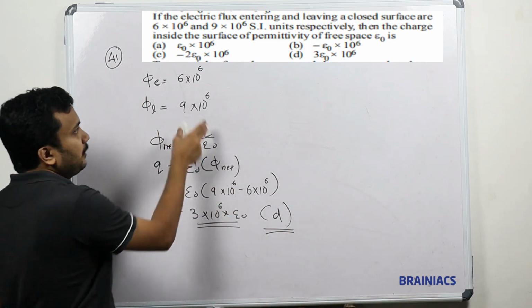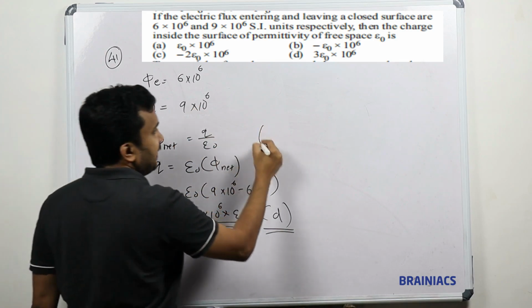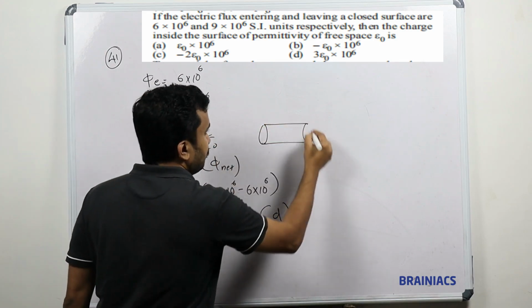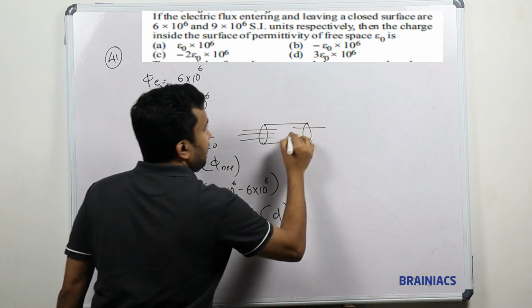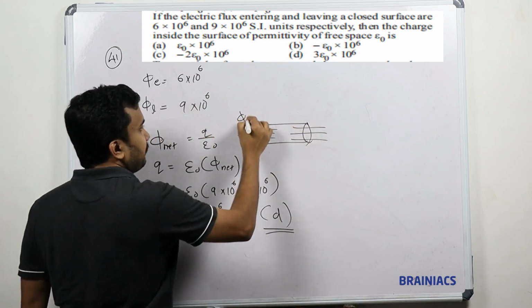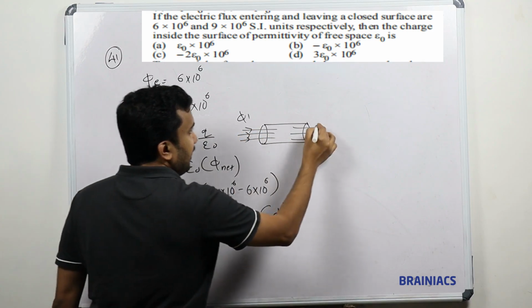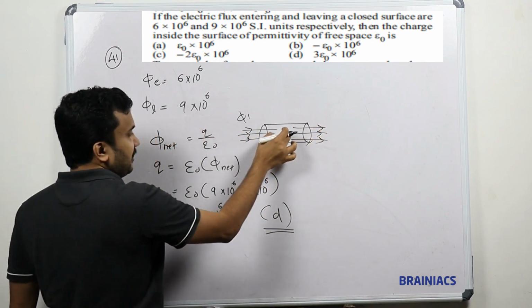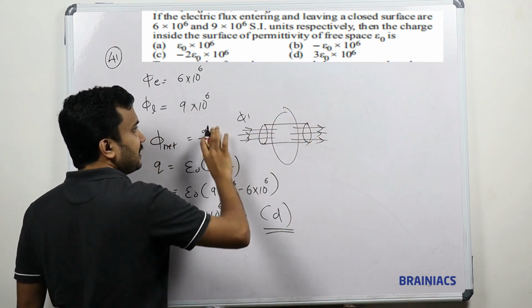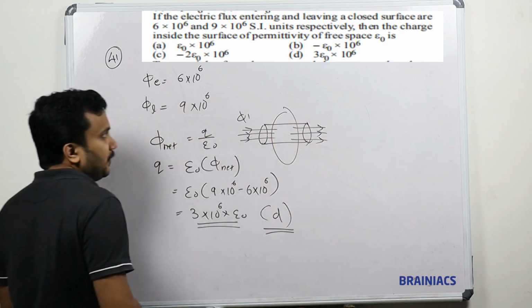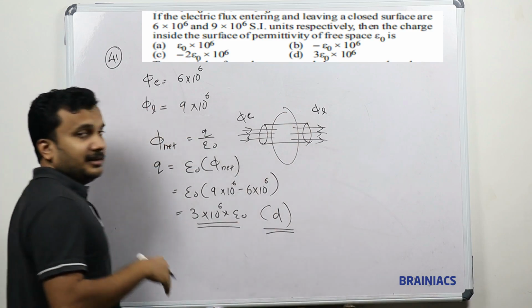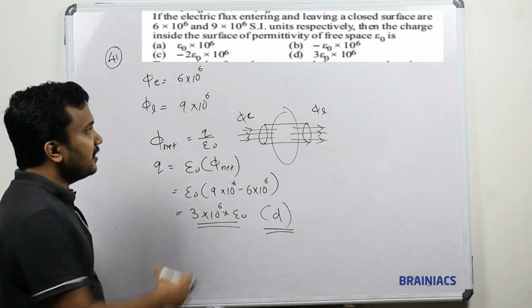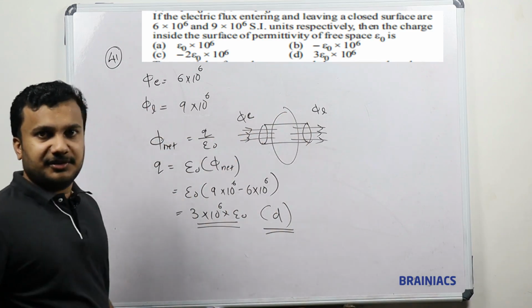Total flux comes from entering flux and leaving flux. If you take a closed surface, some number of lines are entering and some are going out. If phi E is the entering flux and phi leaving is the exit flux, then what is the total flux inside the surface?